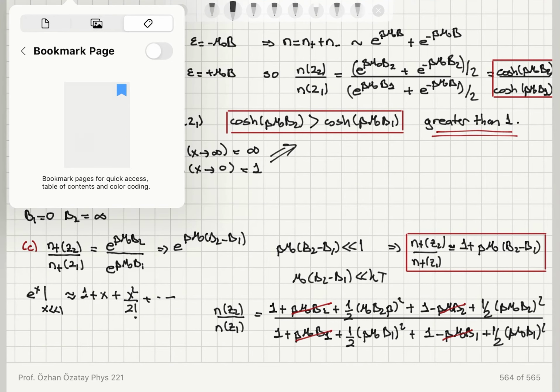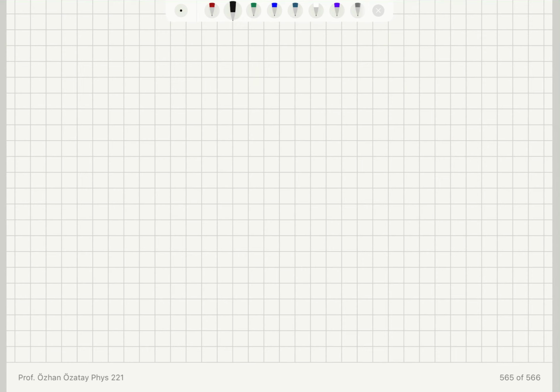So let me continue. The ratio n of z2 to n of z1 will be approximately (2 plus beta mu 0 b2 squared) divided by (2 plus beta mu 0 b1 squared).